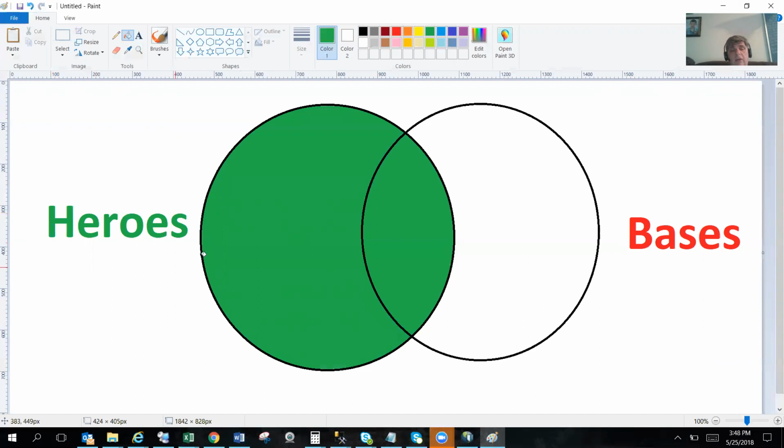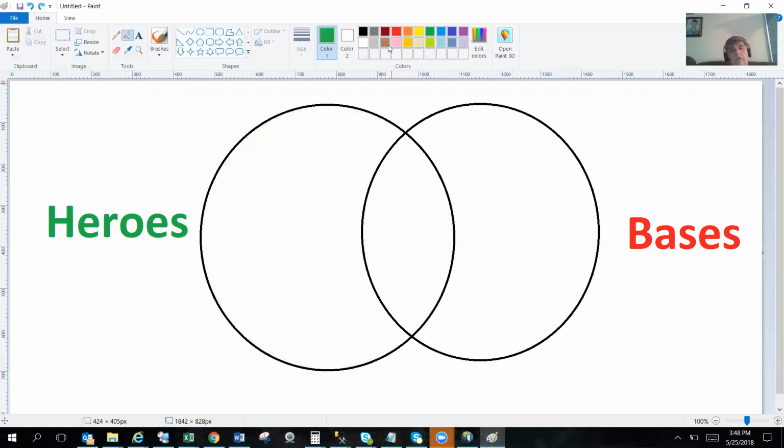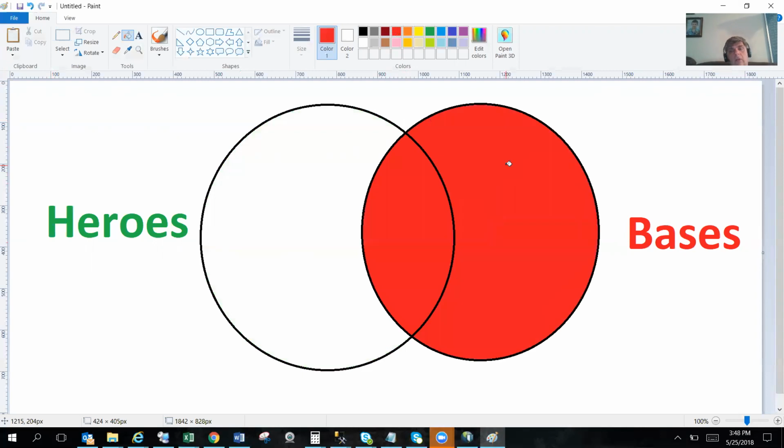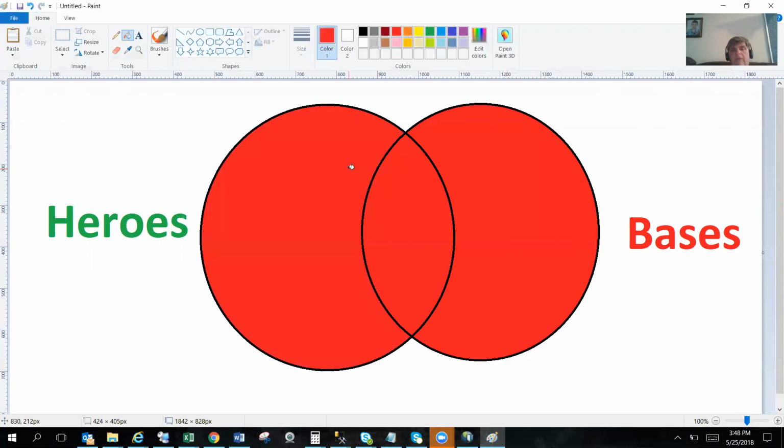In this case, the heroes table is matched to the base table on the base ID, so it's going to return all the heroes, and then the bases where there's a base affiliated with that hero. If we do a right outer join, it returns all of the bases, and on that base ID, anything from the heroes table with a matching value. And then for full joins, it just brings everything back, and if it's not there, it has a null.